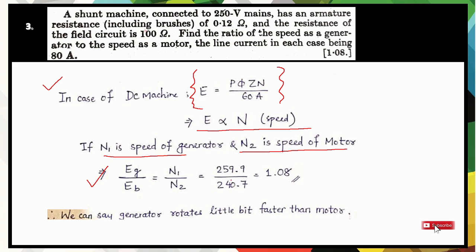So we have already calculated the values of Eg and Eb. So if you put the values of Eg and Eb here, you can calculate the ratio of N1 and N2, which will be 1.08. This is the answer. You can see here the answer is also given as 1.08. So you can say the generator rotates a little bit faster than the motor.